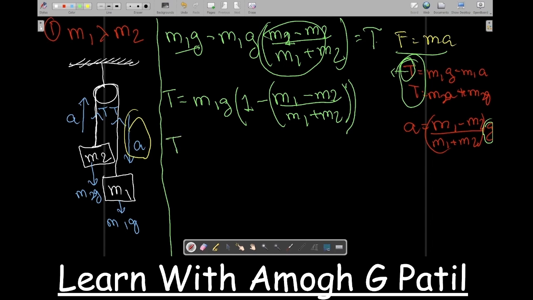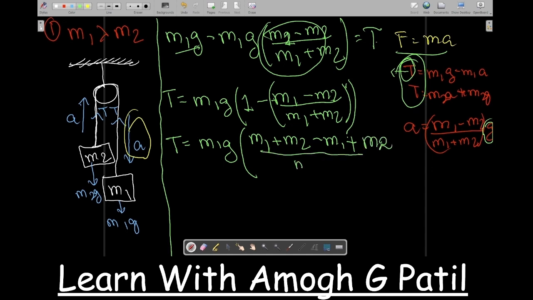So then T is equal to M1g into M1 plus M2 minus M1 minus M2 by M1 plus M2. Minus into minus is plus. So we can see this one and this one will get cancelled.